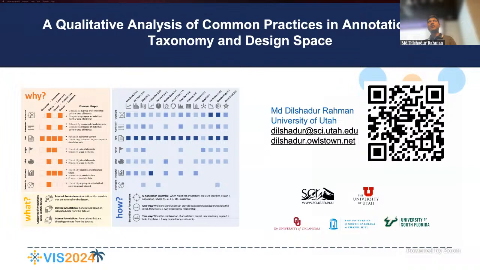But we still have a lot of gap in the literature to understand what the effective annotations are for different kinds of contexts. Specifically, this design space can help identify the common annotation types being used in practice. So I would suggest visualization designers use annotation types from these available options.